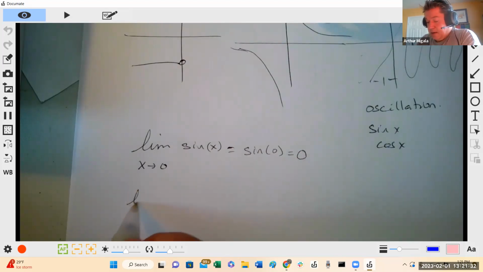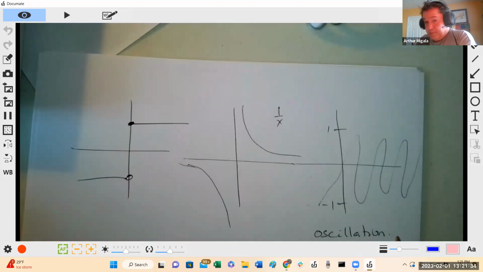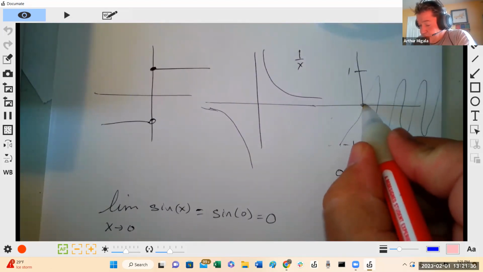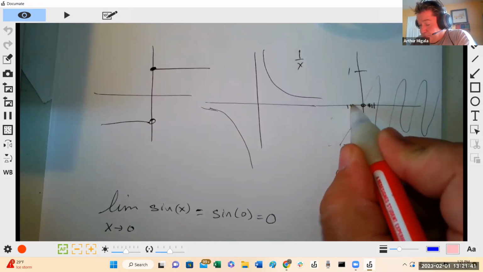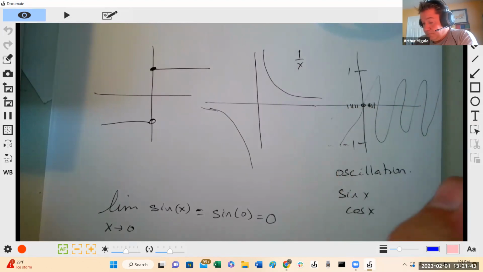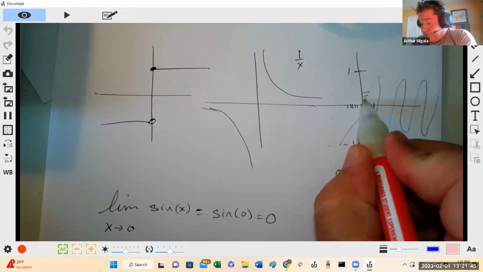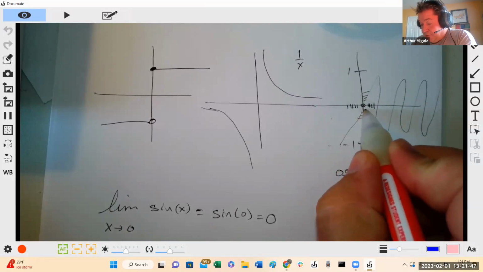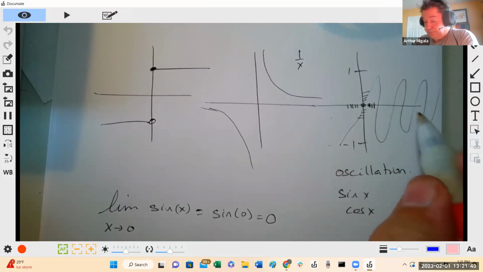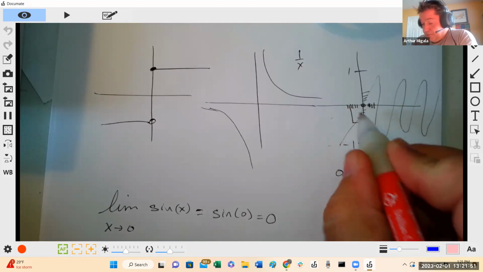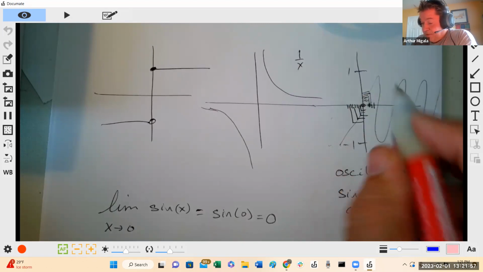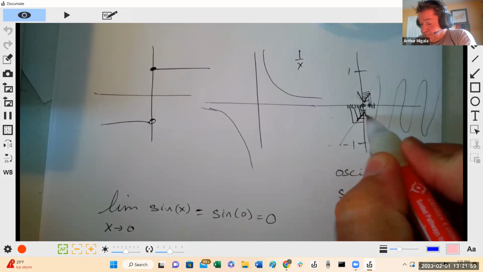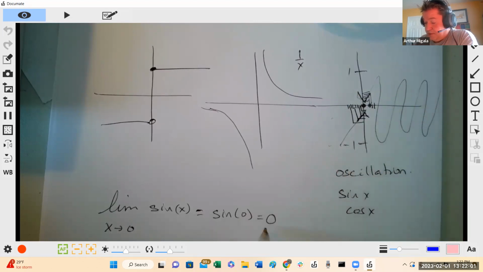The reason being, because if we look at our graph, the closer we get to 0, the graph is approaching 0 from both sides. So as we get closer on the X, the Y values get closer. So both sides are approaching this solution.